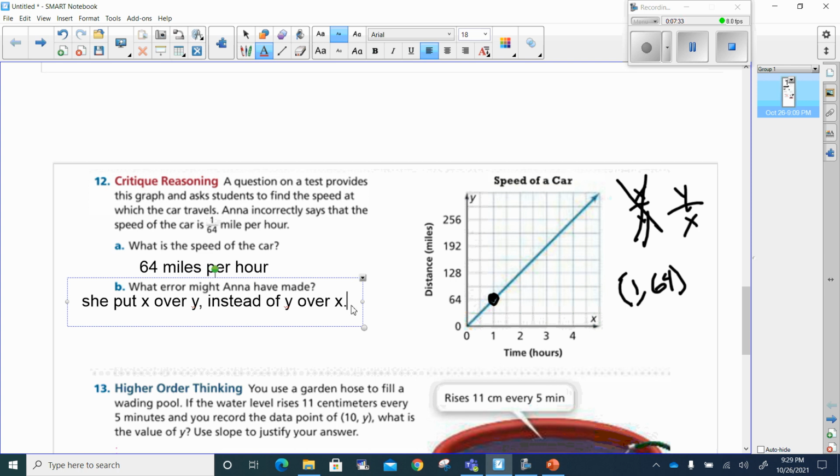Okay, or you could say she put the run over rise instead of the rise over run. Okay.